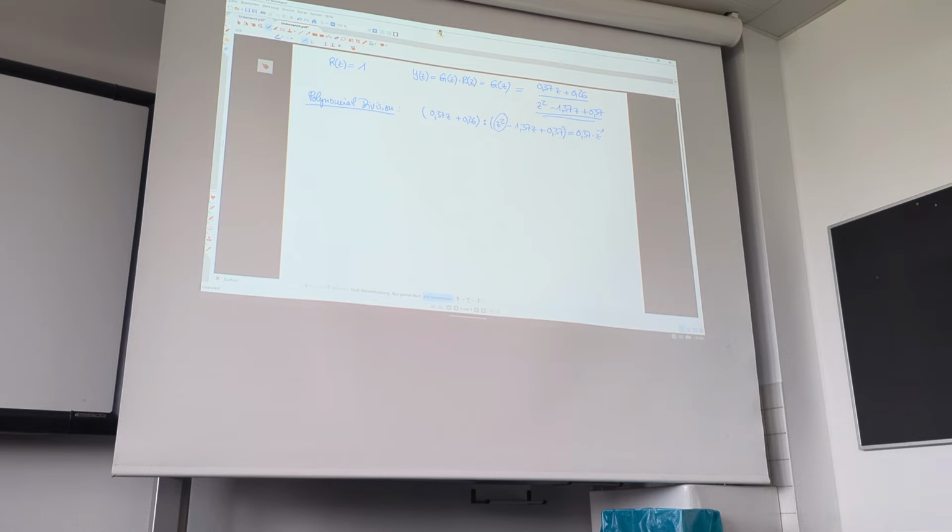So if we multiply now the whole bracket, the whole denominator, with this factor, then we get 0.37z. And then we have minus 1.37z times 0.37z to the power of minus 1.